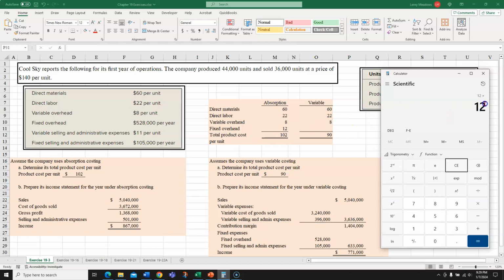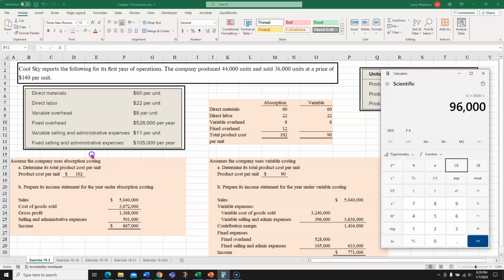So $12 per unit times 8,000 units in ending inventory is $96,000 of fixed overhead that is not expensed under absorption costing, because those 8,000 units are still in ending inventory.